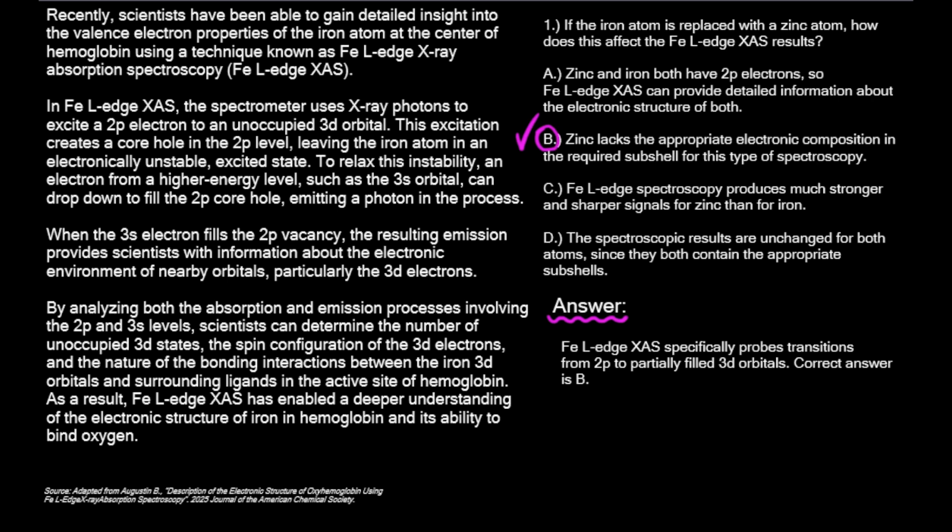By comparing the electron configurations of zinc and iron, we can see that the zinc atom does not have an empty 3d orbital, which makes answer choice B the correct answer. Let's move on to question number 2.